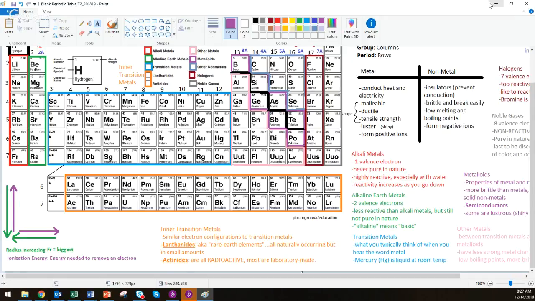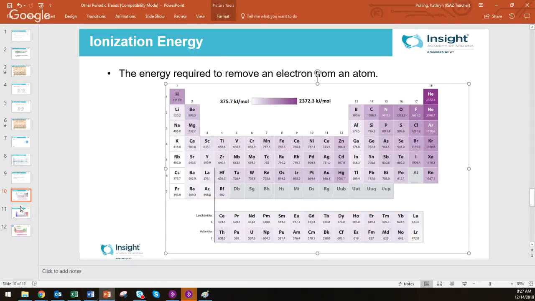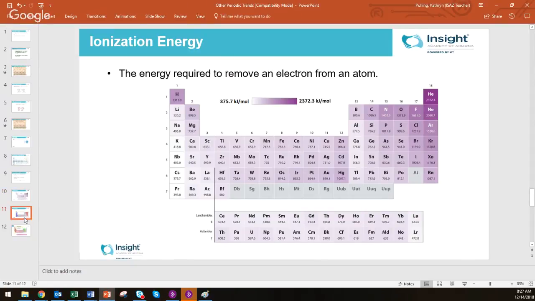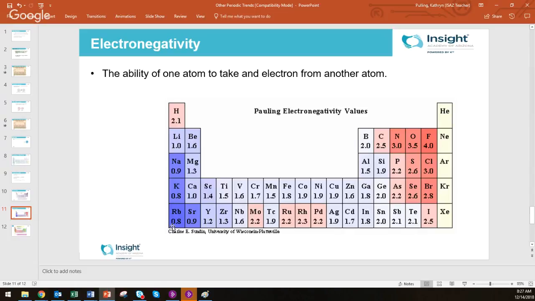Which brings us to our last trend. Very similar to ionization energy, but electronegativity is the ability of one atom to take an electron from another. So this isn't keeping its own electrons, this is actually taking electrons from somewhere else.